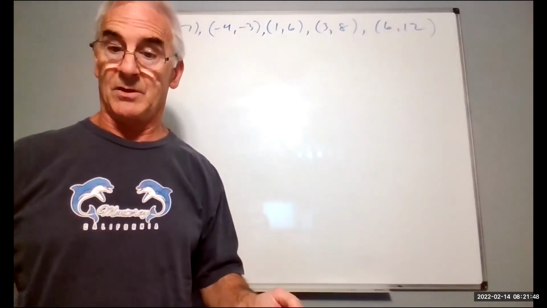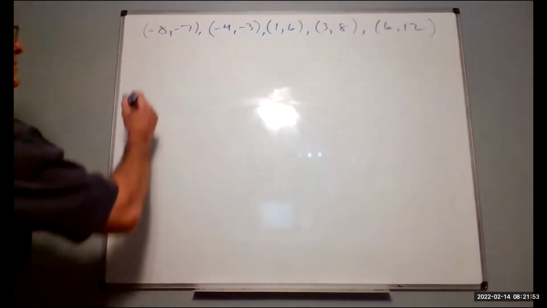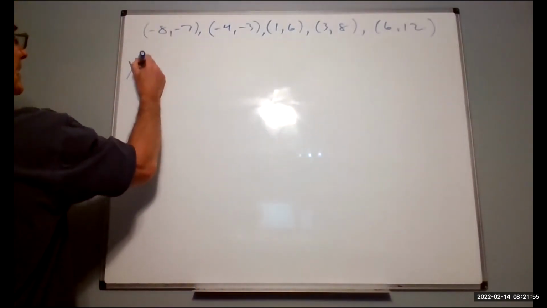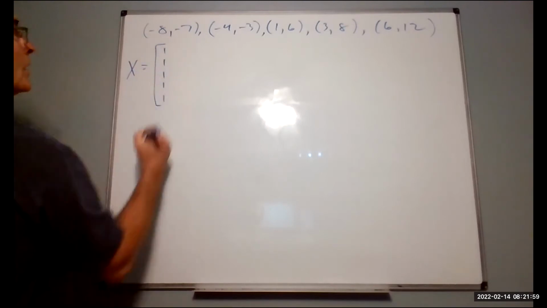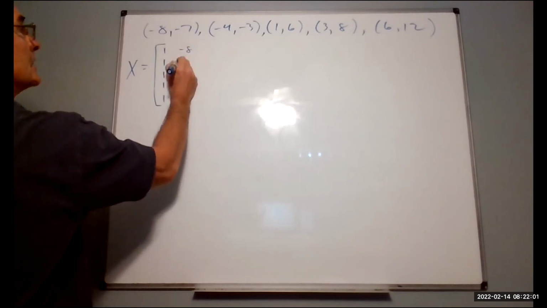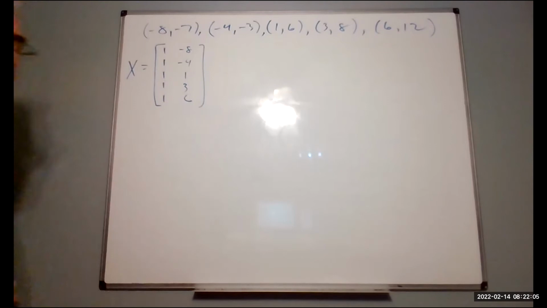because I can't do the problem without that information. So the X matrix, capital X, is 1, 1, 1, 1, 1, and then the X coordinates, -8, -4, 1, 3, 6. Okay, this is how we defined it a moment ago, right?